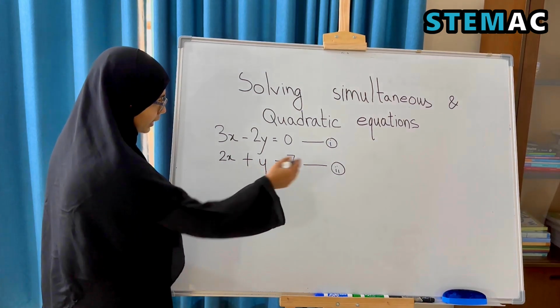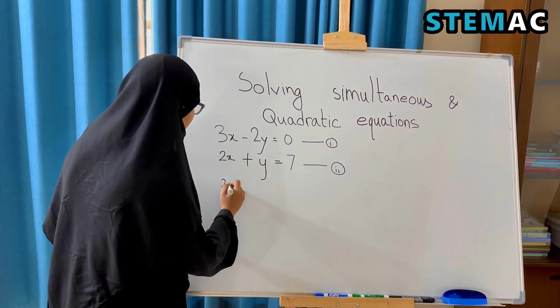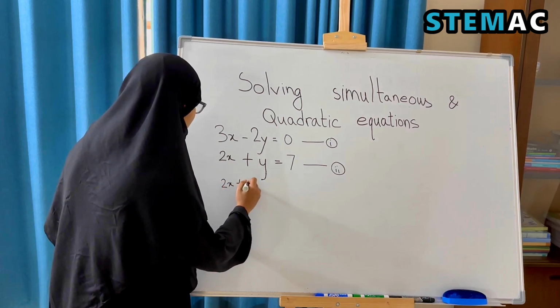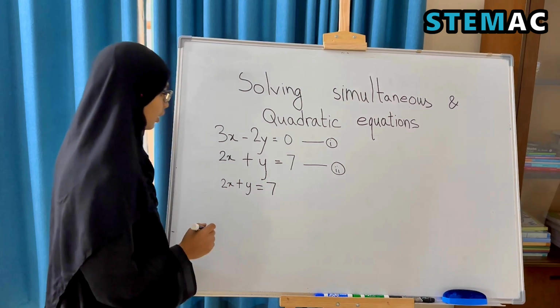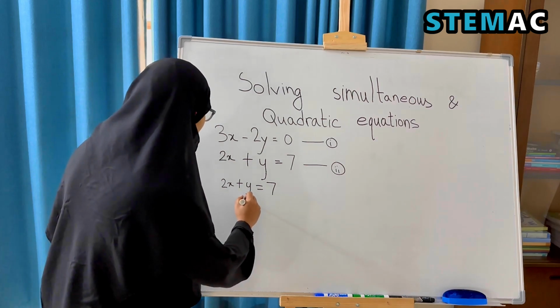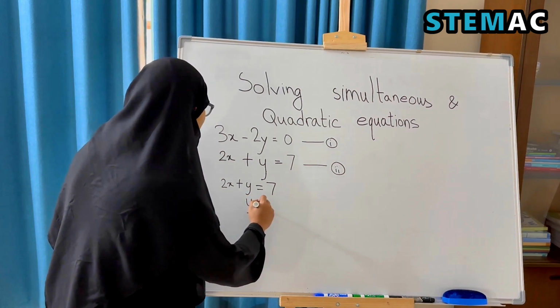Let's say we take the equation 2x plus y equals 7, and we want to express y in terms of x.